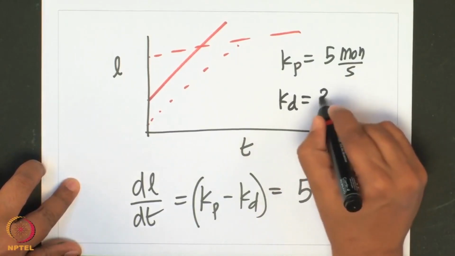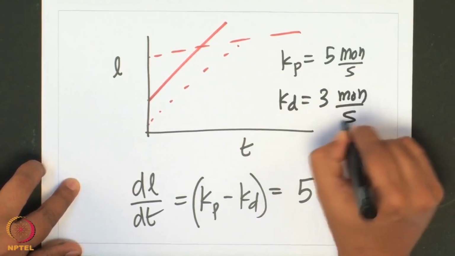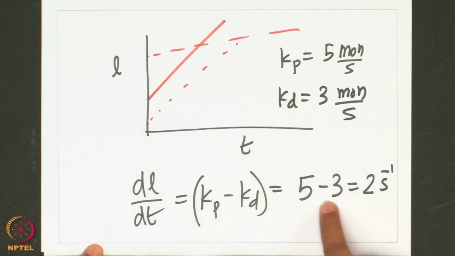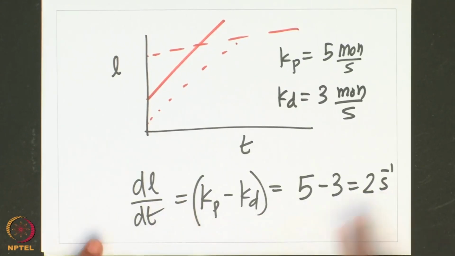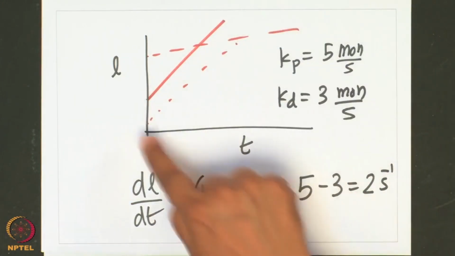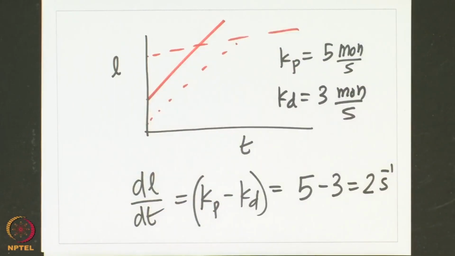Kd, let us assume, is 3 monomers per second, the depolymerization rate. If I know these two numbers, Kp minus Kd is 2 per second. So, dL/dt is 2, I know that the slope is 2, I have a straight line.